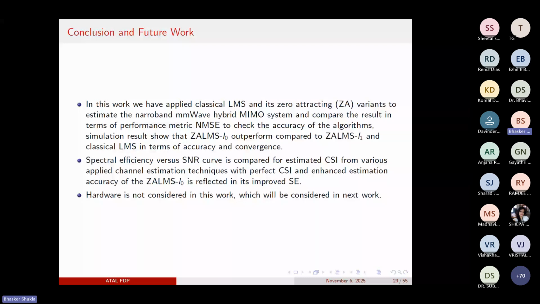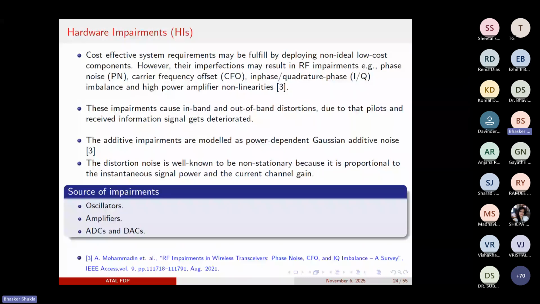In the next work, I have gone for the estimator for the millimeter wave hybrid MIMO system with hardware impairment.